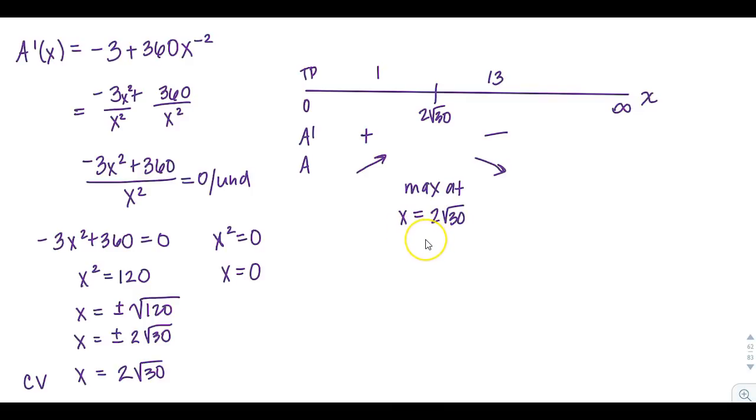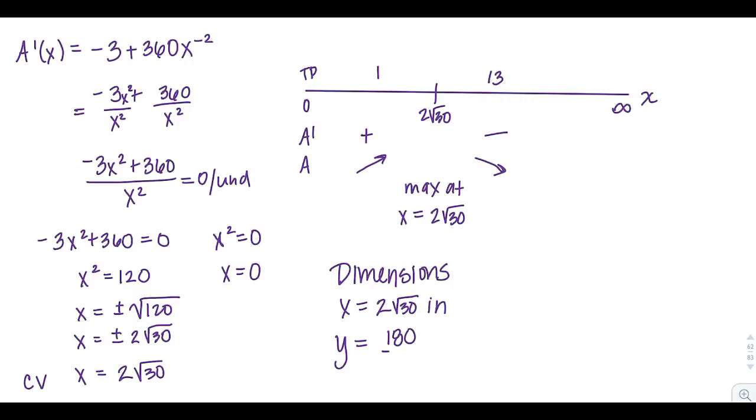But now we have to make sure and answer the problem. The problem said, what are the dimensions that will give the largest area? So the dimensions that will give the largest area are x equals 2 radical 30 inches, and then remember from the constraint equation, y was 180 over x, so that's 180 over 2 radical 30, or 90 over radical 30 inches.